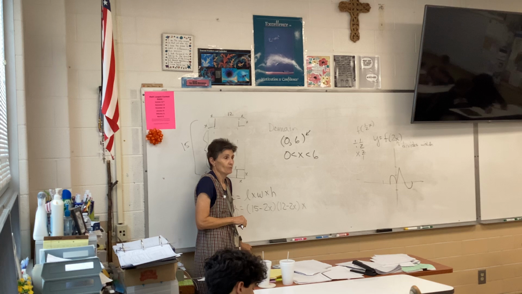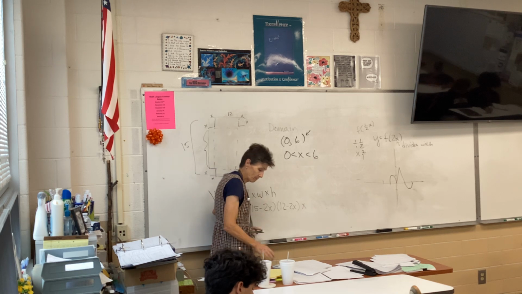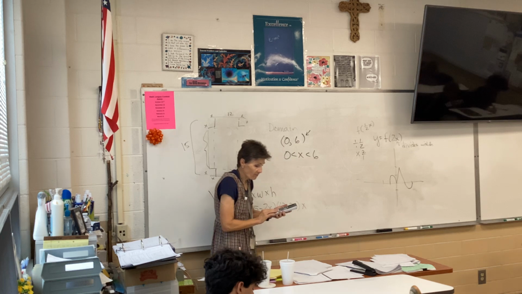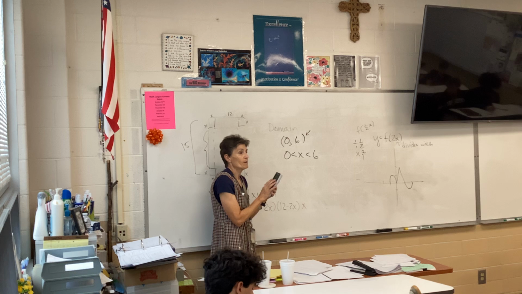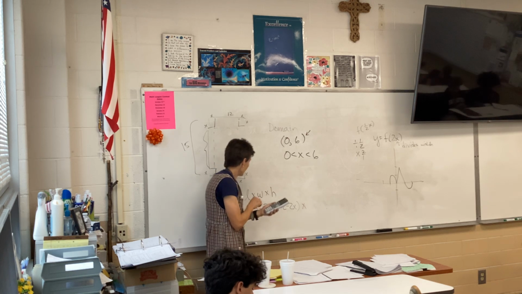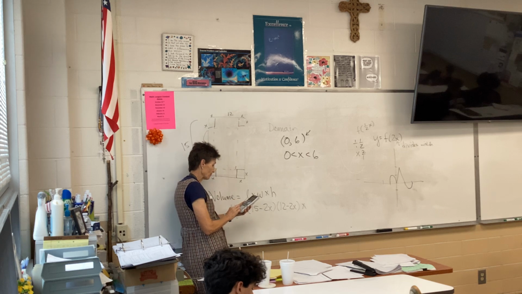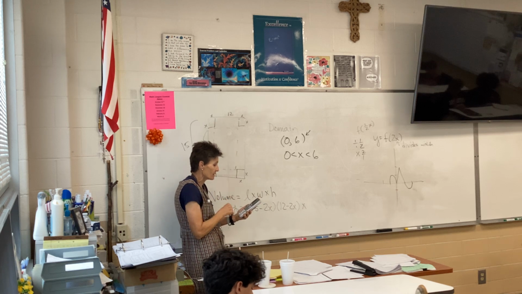Bless you. All right, let's go to the calculator. And let's find the maximum volume. So we go to y equals, and we type in our equation. We talked about this before. You do not have to multiply it out. Just type it in, just like you wrote it there, with the parentheses and everything.